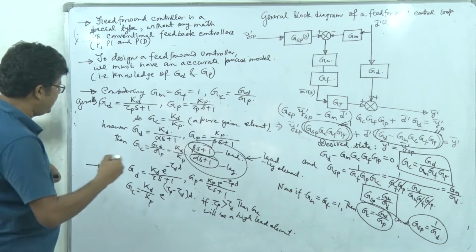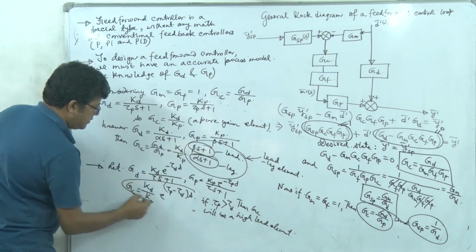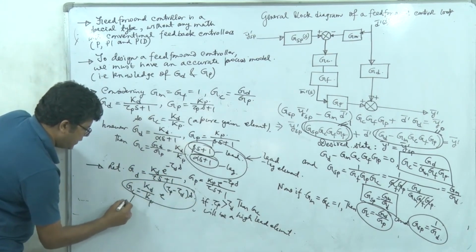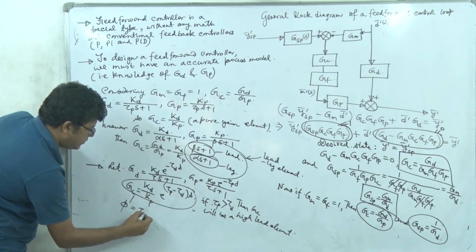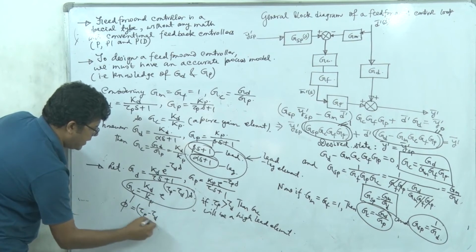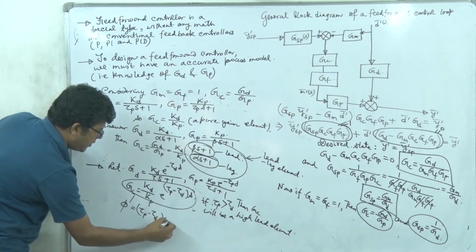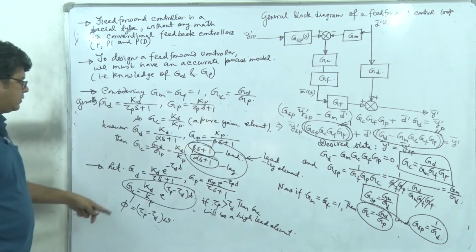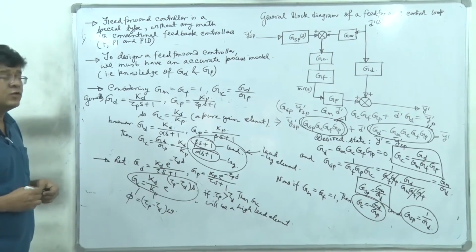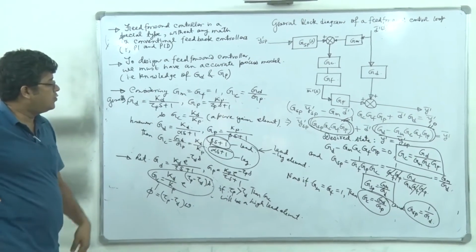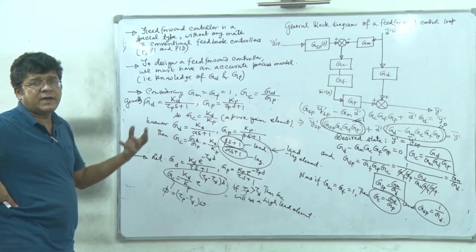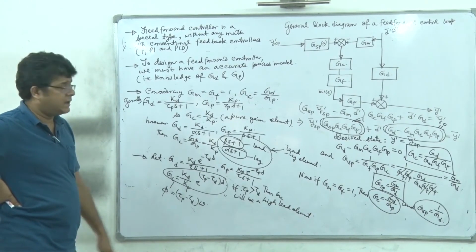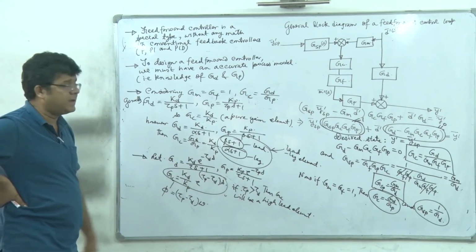Because if I solve for this phase shift, we will see that this will be equal to tau P minus tau D whole bracket omega, right? So it is a huge lead element. Huge lead element means we actually need the future value of error to predict the current manipulated value, right?